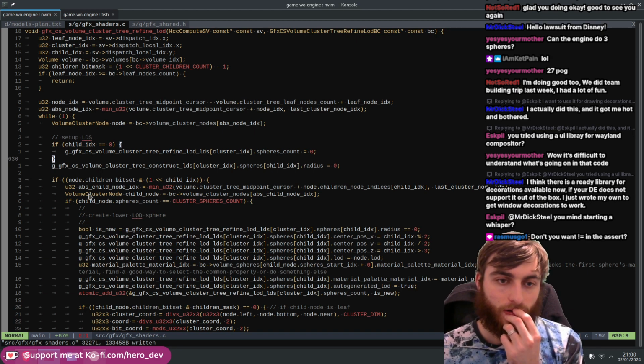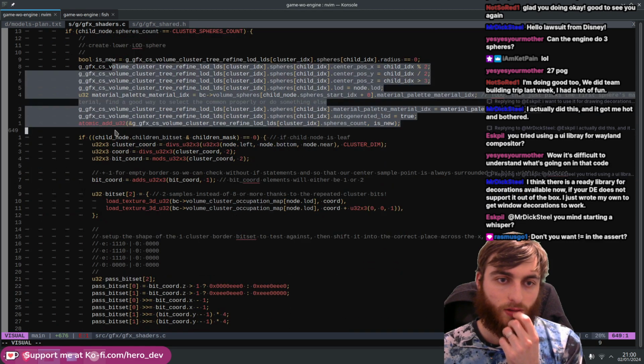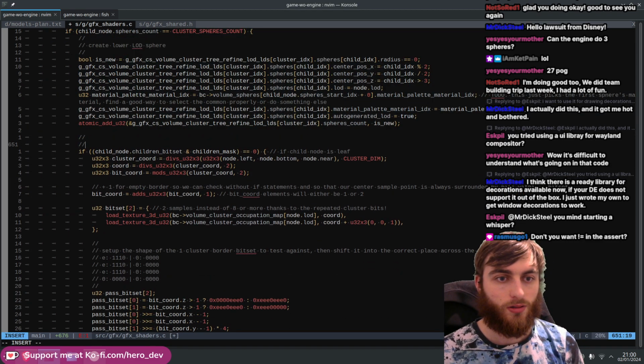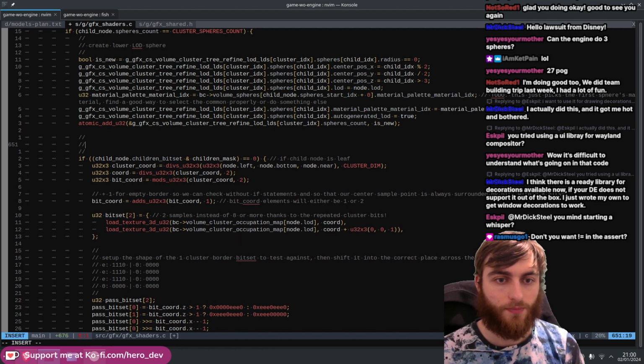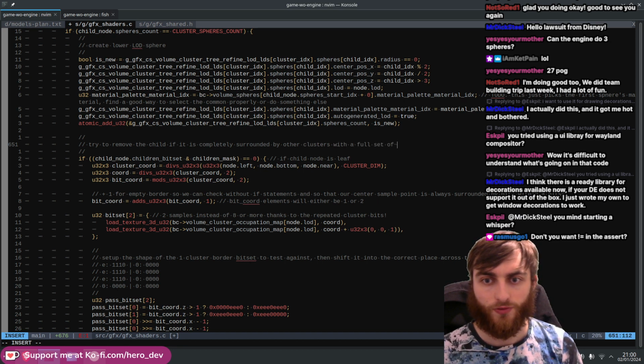Right. So where are we at now? So we've created this low LOD sphere. This block of code is saying, try to remove the child if it is completely surrounded by other clusters with a full set of spheres.